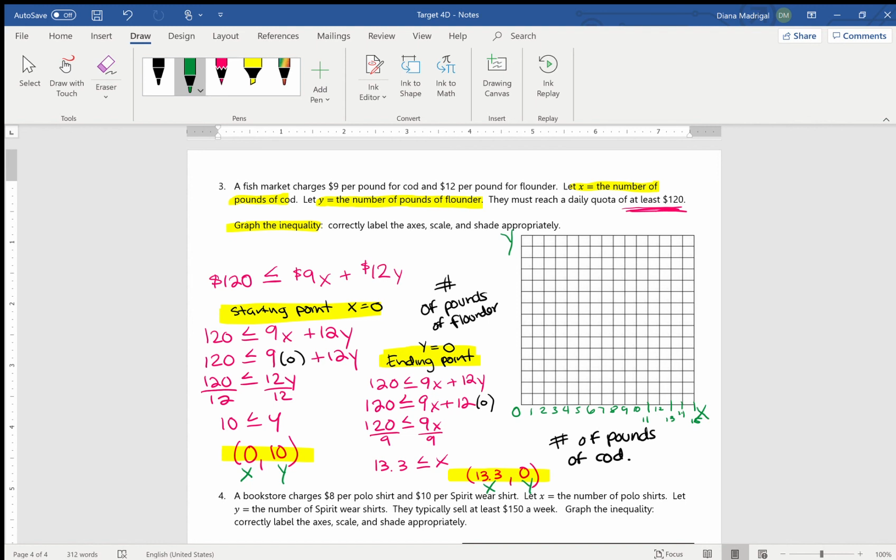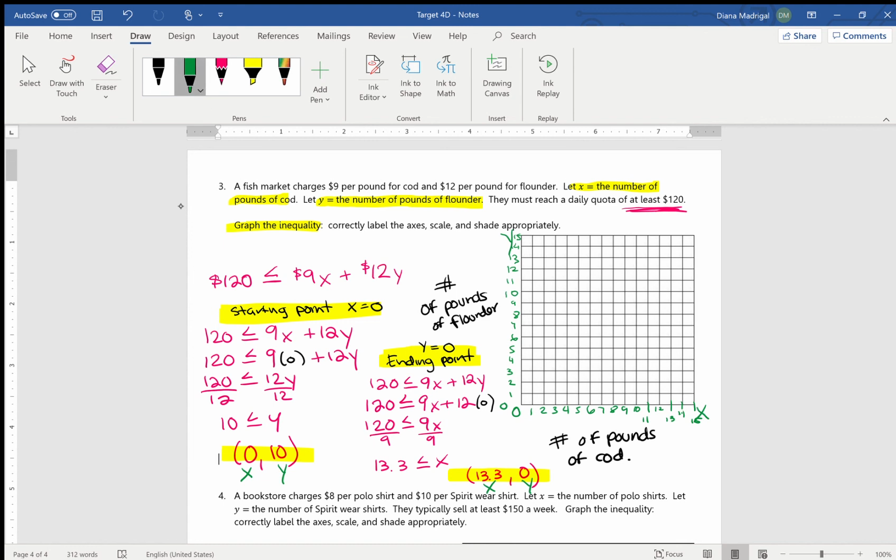Next, notice that your y goes from 10 to 0. That means your graph is going to go from 0 to 10. So 1, 2, 3, 4, 5, 6, 7, 8, 9, 10. And why not, let's do 3 more: 11, 12, 13, 14, 15.